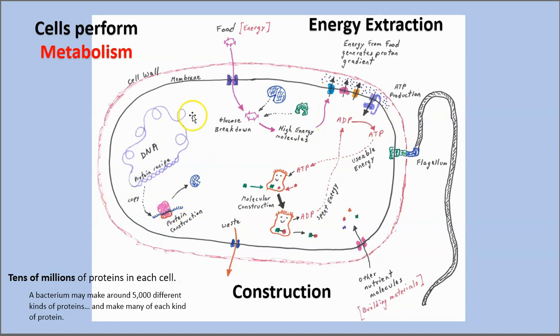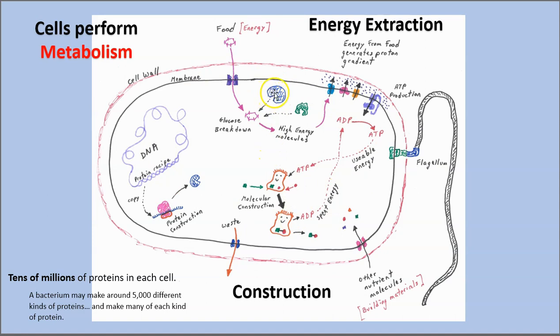Now, for a typical cell like a bacterium here, there might be tens of millions of proteins in each cell. And the genetic material, the DNA of bacteria, stores the recipes for, let's say, 5,000 or 6,000 different kinds of proteins. That means the cell is making many of each kind of protein, perhaps hundreds or thousands of each. In this cartoon, it's a gross simplification.